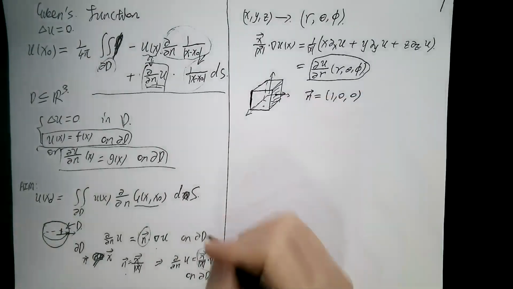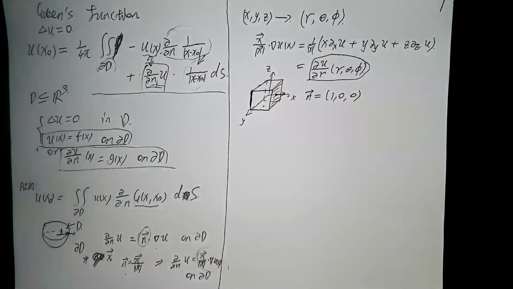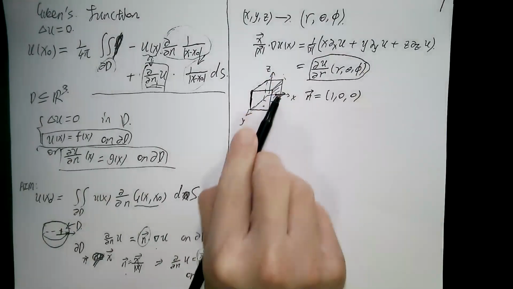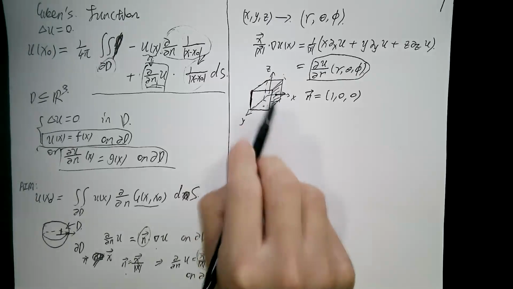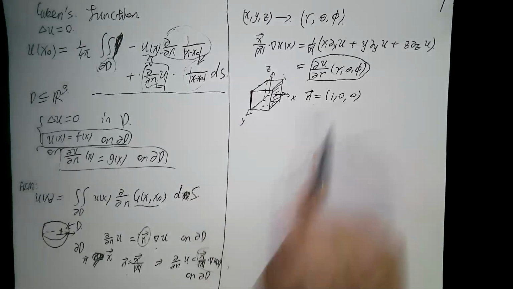Let's say this is x, this is y, this is z. Then on this part of the boundary of your domain, n equals (1, 0, 0).